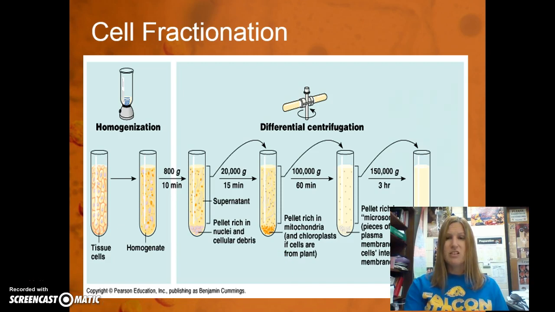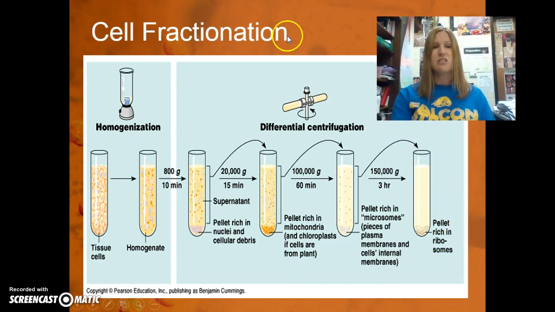Basic definitions there, guys. Cell fractionation simply is this: we take that cell, throw it in a blender, homogenize it, and then put it through a centrifuge where we can separate out the components based on their density. Very cool.